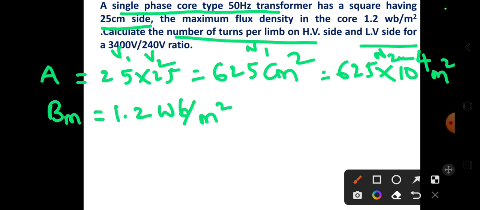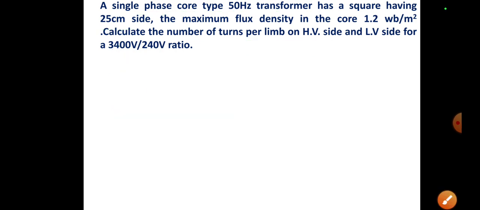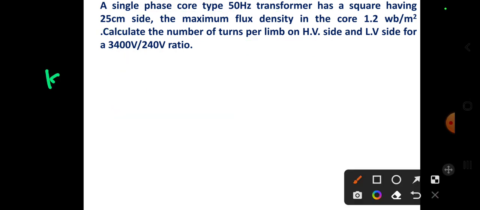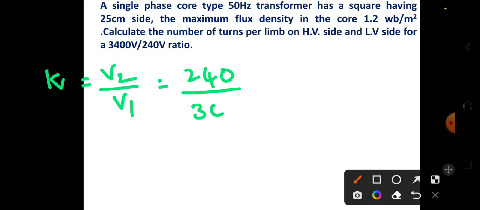Yes, first let us find what is K, the transformation ratio K. K is equal to V2 by V1. This will be 240 by 3400.